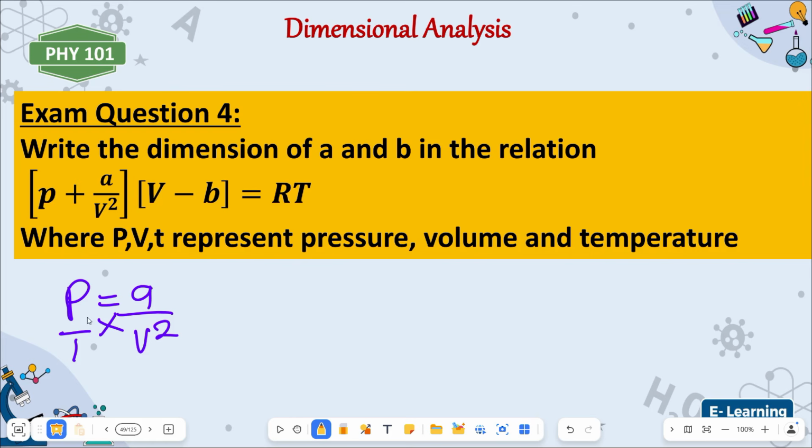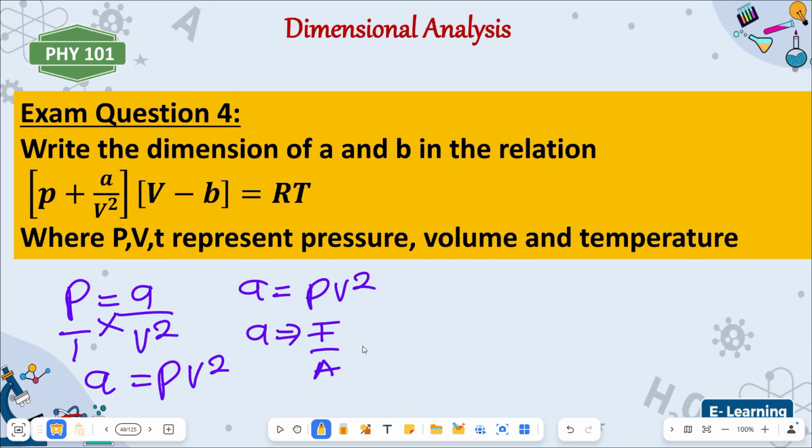Then multiply to make A the subject of the formula, because you are looking for A. So A will be equal to PV squared. What is the dimension for pressure? Pressure is force over area, which is ML minus 1 T minus 2. That is the dimension for pressure.